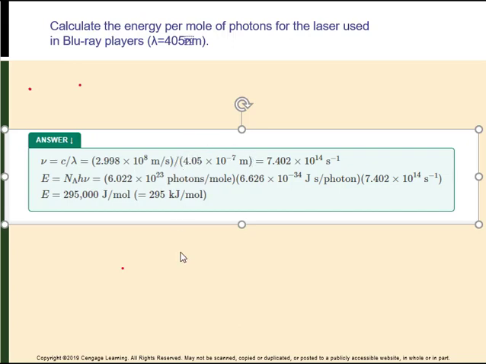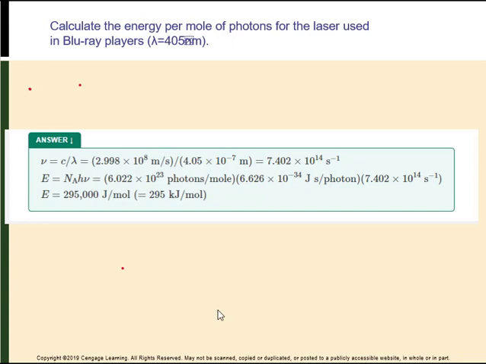Now you could have also written this as 405 times 10 to the negative 9, and that's for right here. You would get the same thing. And then once they found ν, they plugged ν into E equals hν. Again, pretend like this 6.022 isn't there quite yet.